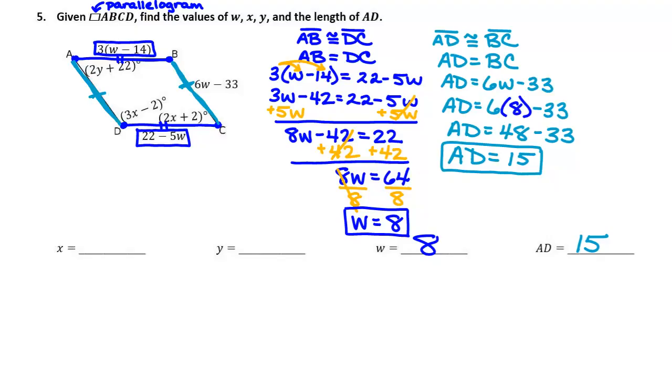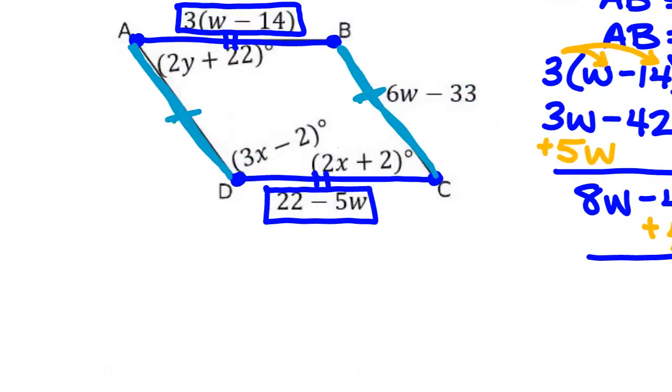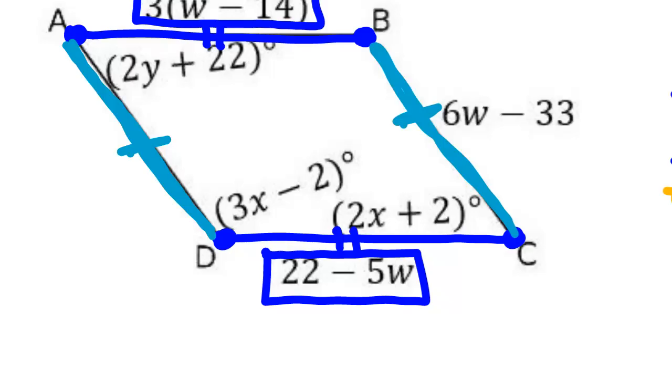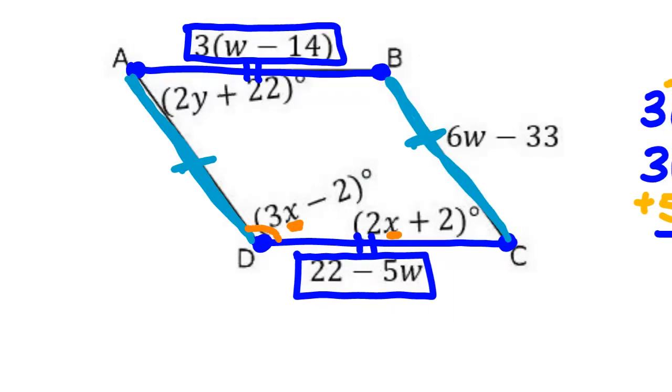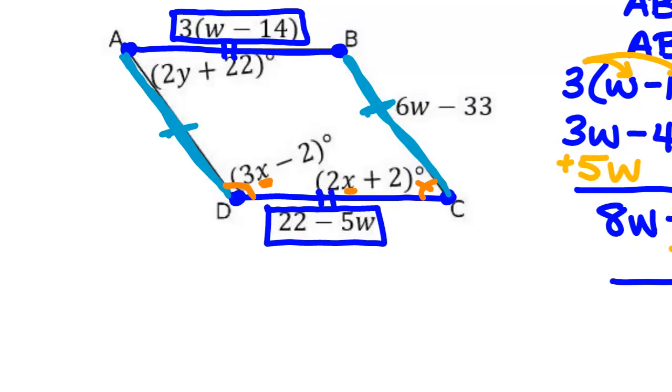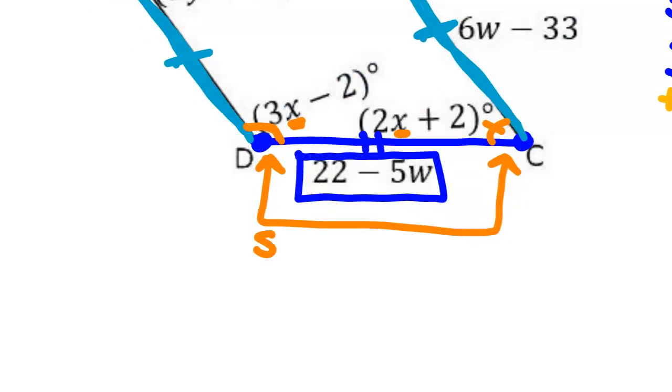Which one am I going to have to find first, X or Y? I'm going to have to find X first. So let's look at where we see X. I see an X here, and I see an X here. So for angles D and C, what do we know about these two angles? They're supplementary, yes.